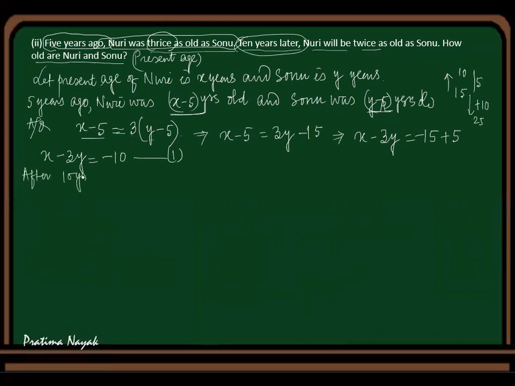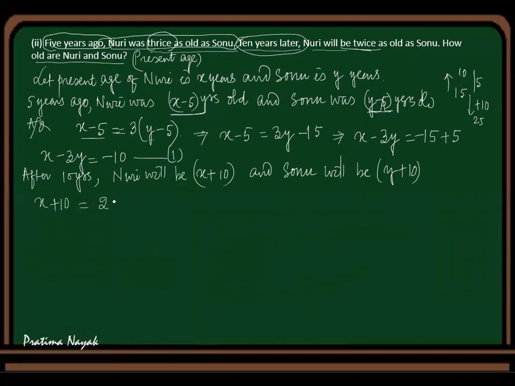10 years later, after 10 years, Nuri will be X plus 10 and Sonu will be Y plus 10. So at that time, the relation between them is Nuri would be twice Sonu.